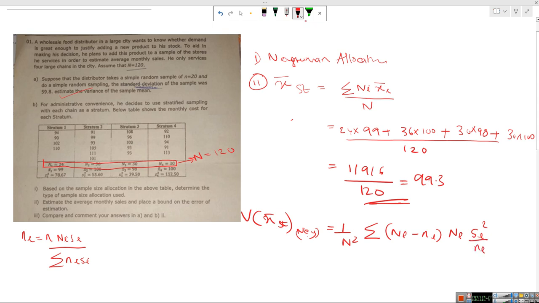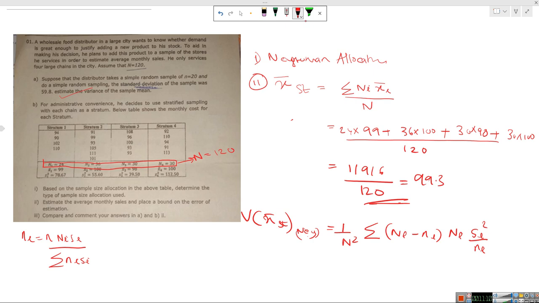Okay, so I think this is the equation for finding out the variance of X bar stratified under Neyman allocation. Let me just check it again. Yes, that is correct. So now we have to find out the sample sizes for each stratum separately.